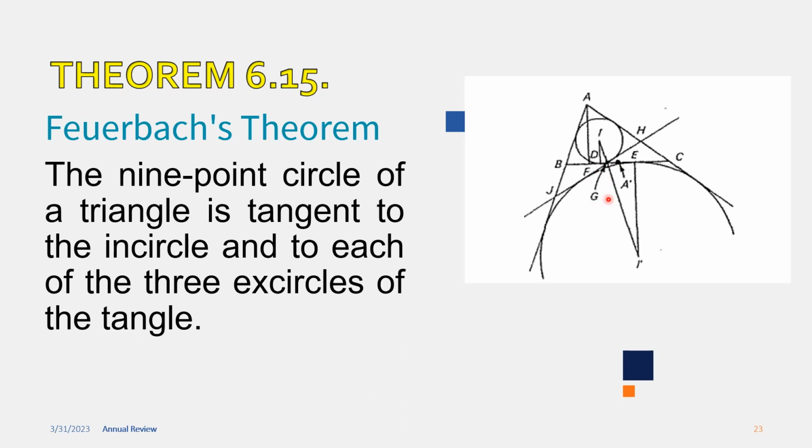So the angle between the image of the 9-point circle and BC is congruent to the angle that the tangent to the 9-point circle at A prime makes with BC.